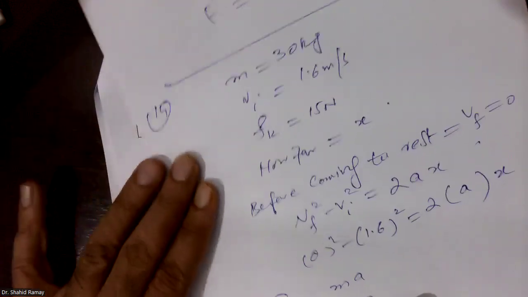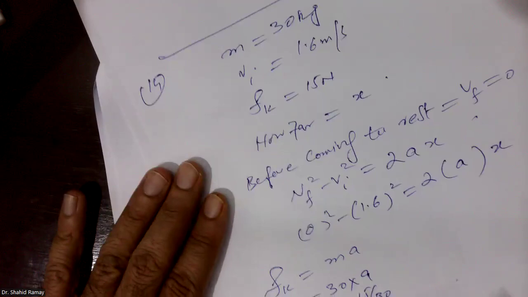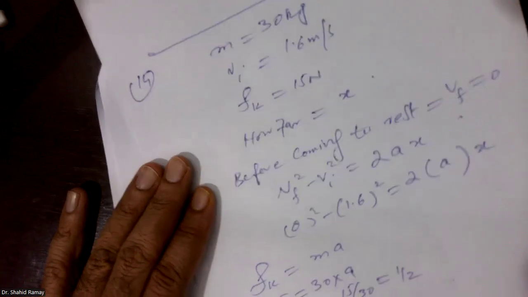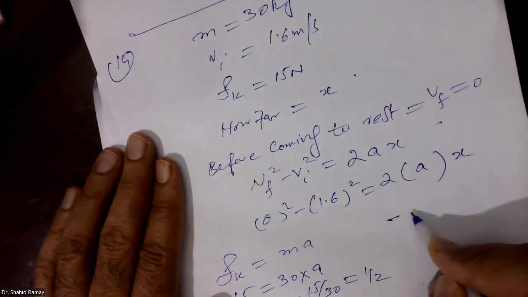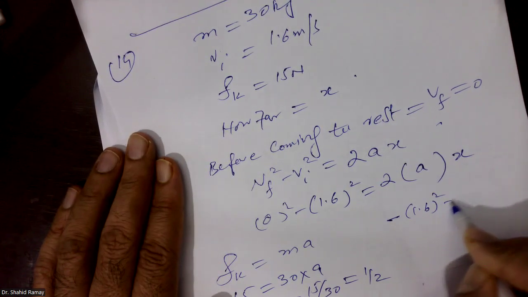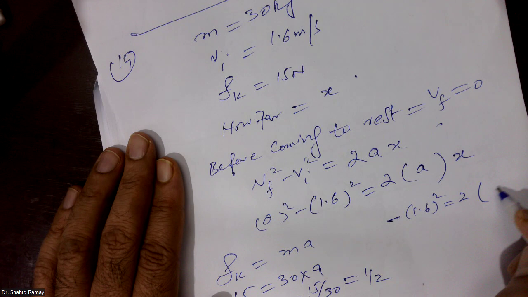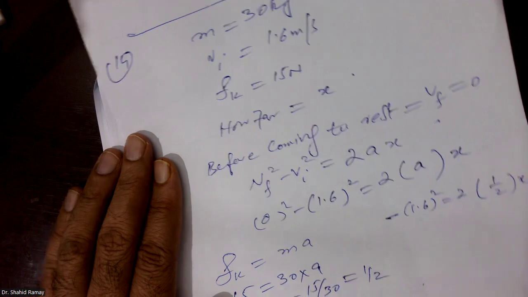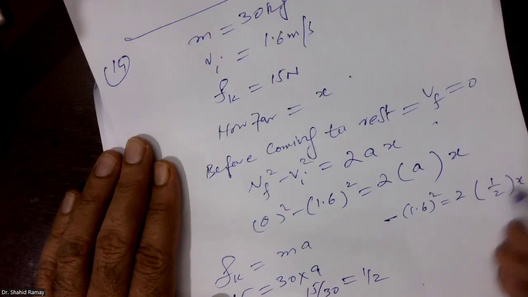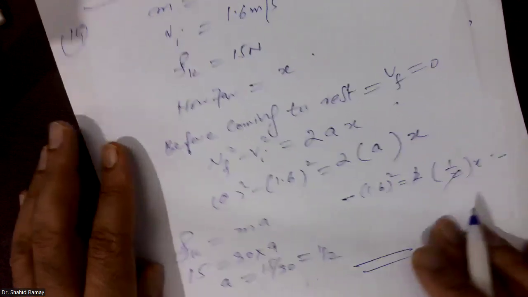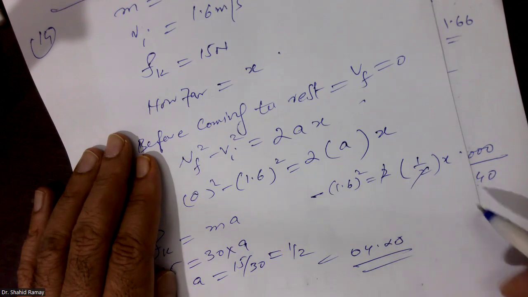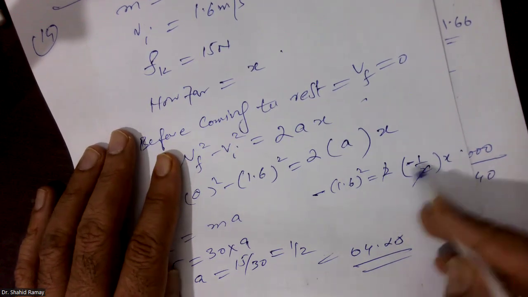Now you can solve this one. This is 1 by 2. Now put this value here: minus 1.6 square is equal to 2 into 1 by 2 into x. Now you can see that if we solve it like this, it is a minus value. But this acceleration is actually negative due to the frictional force, so this minus and minus will become plus.